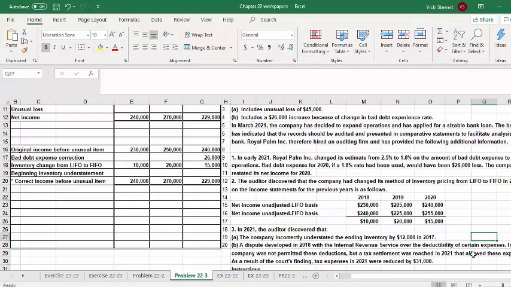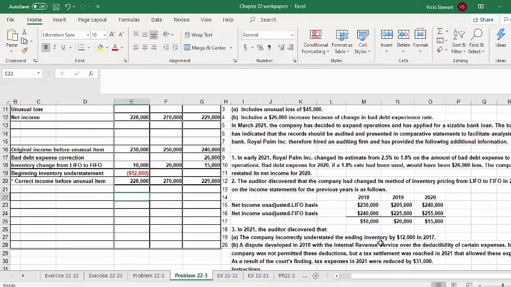So that means that even though we are not reporting anything for 17, we are reporting the income for 18, and beginning inventory then would have been understated by $12,000. So when we understate beginning inventory, we overstate net income. So that means the $230,000 has an error in it for 18, so we need to subtract that $12,000 for that error in the beginning inventory.